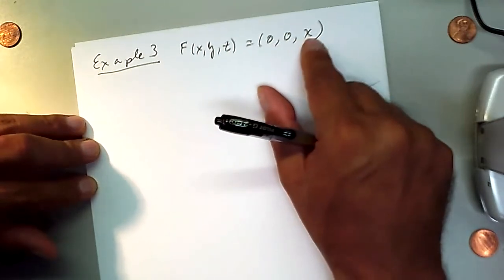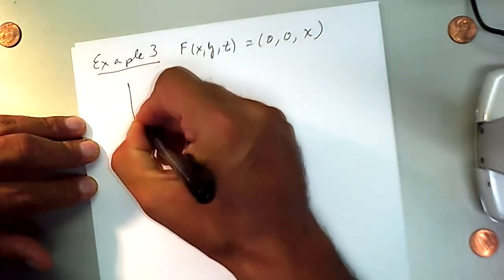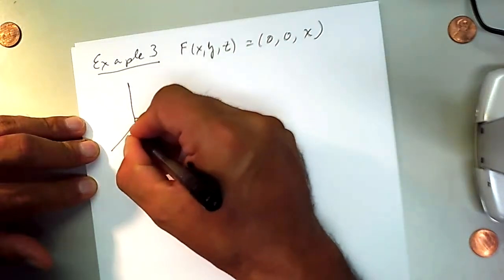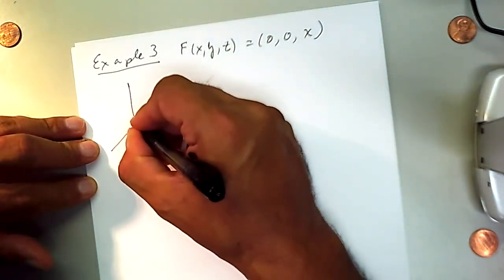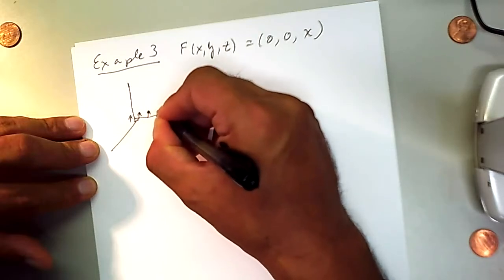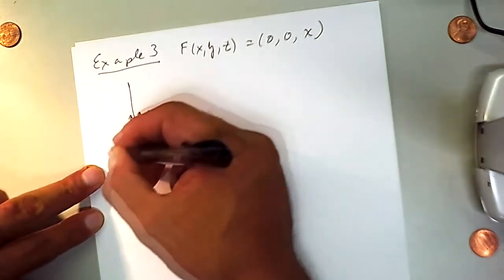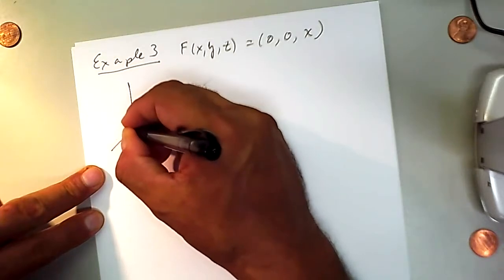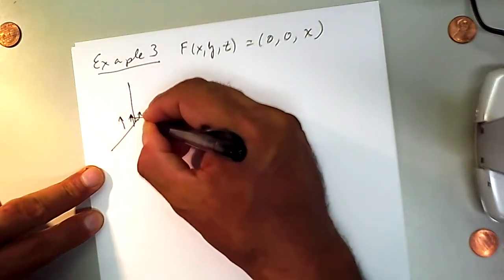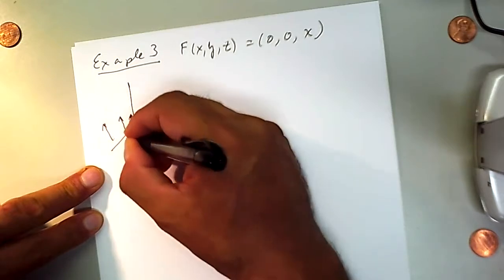And again, that's going to tell us that we're going to go up or down depending on the x value. So when x is positive, we're going to have vectors going up. The farther away we are from the origin in the positive x direction, the longer they will be. So these are going to be even longer.